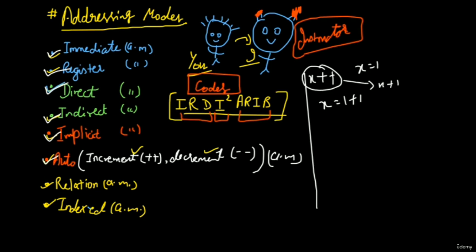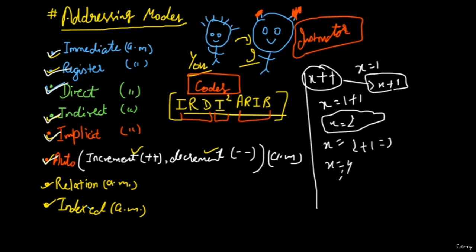That's the meaning of the increment. So now it's 2. After the whole execution is performed, now it will be 3, then 4 and so on, until the command is given to whichever number. Like if I run x from 1 to 5, it will run till 5 and then it will terminate.